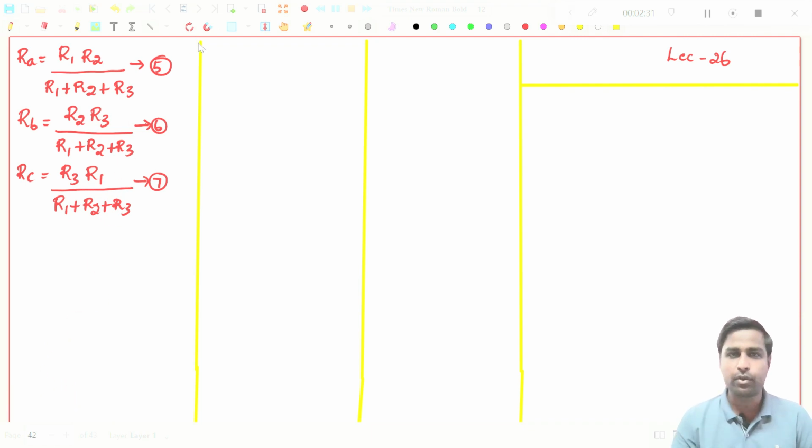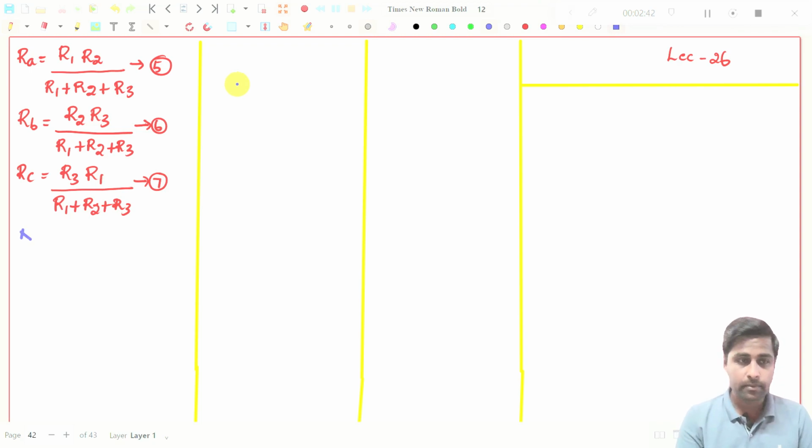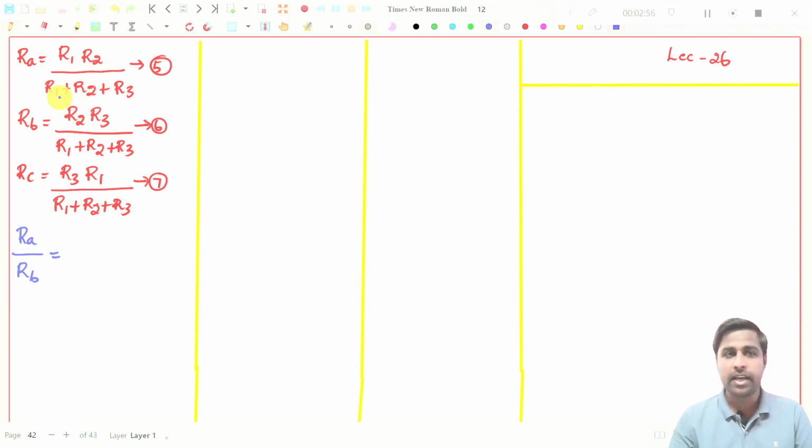First of all, we try to divide RA by RB. If you divide RA by RB, then R1 plus R2 plus R3 in both are the same, so they will cancel each other.